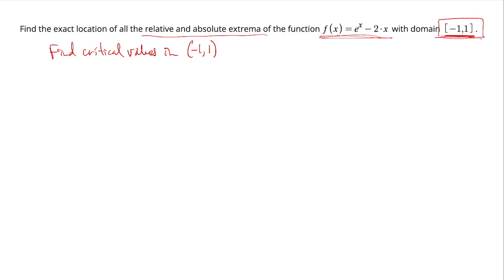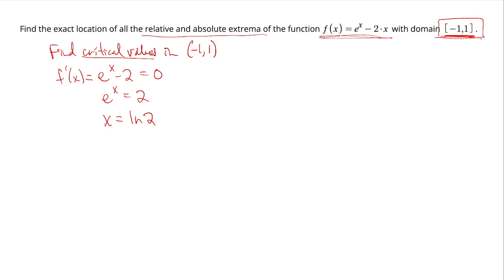To find critical values, I need to take the derivative of that function, which ends up being e to the x minus 2, and I set it equal to 0. So solving, I get e to the x is equal to 2, so that means x is equal to ln of 2.